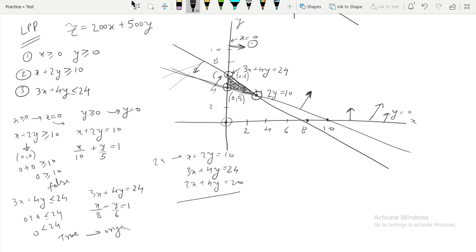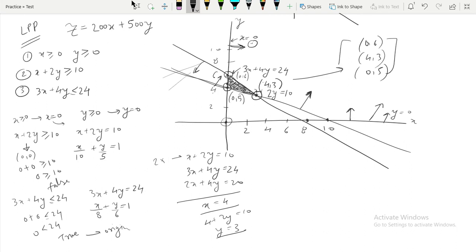If we subtract, x is 4, and if we put it here, 4 plus 2y is 10, so y would be coming 3. So this is the point where it is intersecting, it is 4 comma 3. Now we have got 3 points here, 0 comma 6, 4 comma 3 and 0 comma 5.